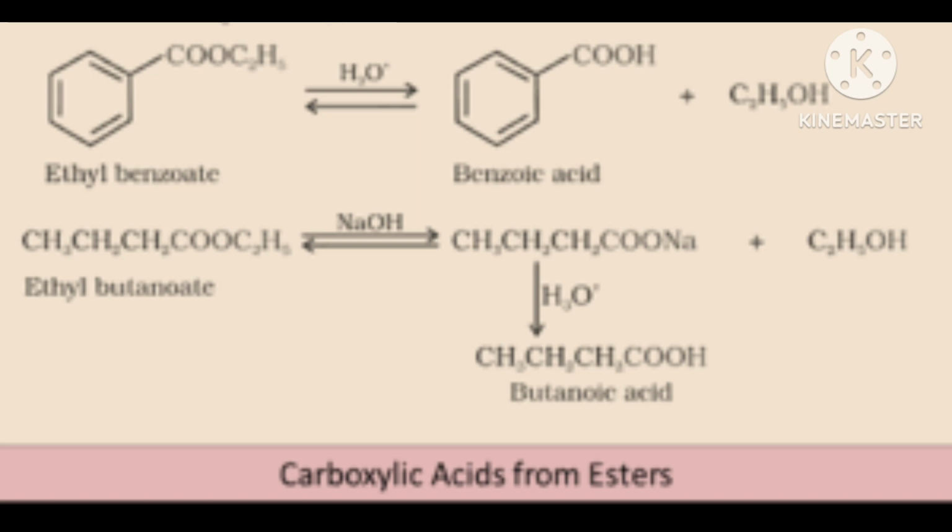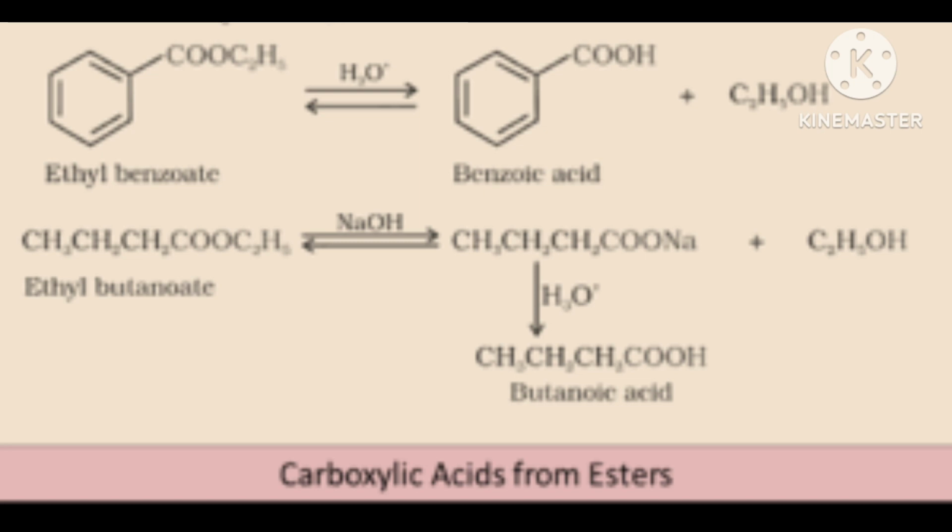N will go as NH3, and with C, 2 oxygen will join. Because in CN, C and N triple bond is there, correct? Then 2 oxygen can join, and N will go as NH3. Like that, from the CN you got COOH, means phenyl ethanoic acid.